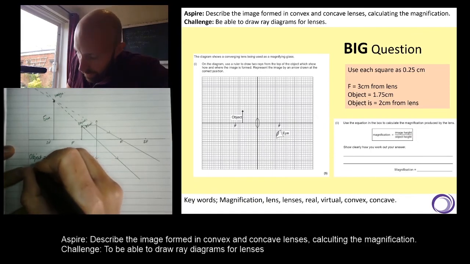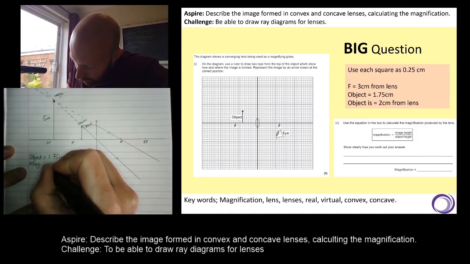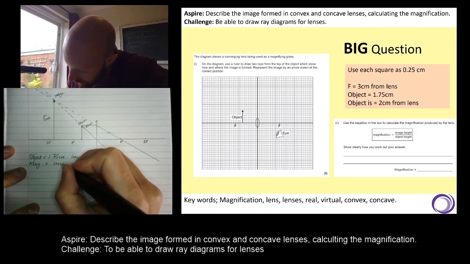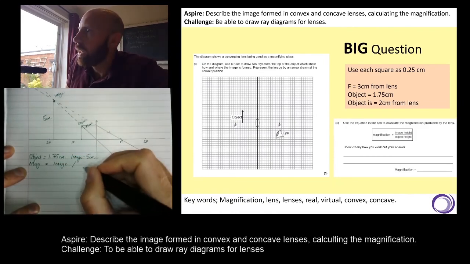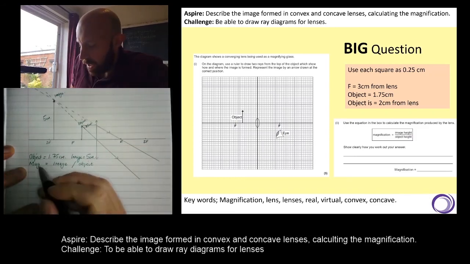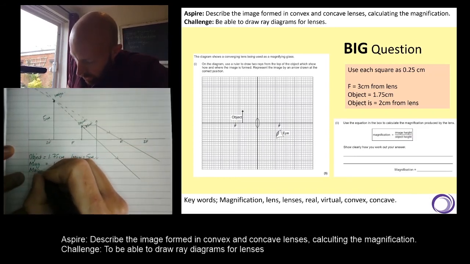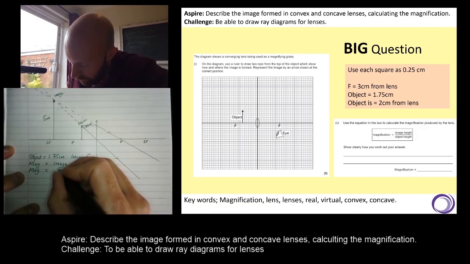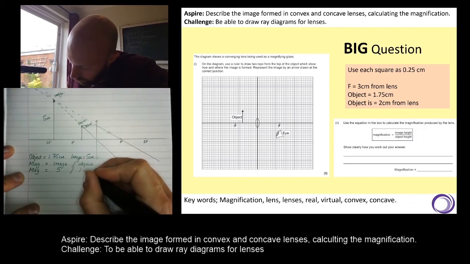So our calculation is given there. So magnification equals image divided by the object. Okay. Magnification is unknown, so we'll leave as magnification. The image here was 5. Hopefully you picked the right one. Divided by 1.75.